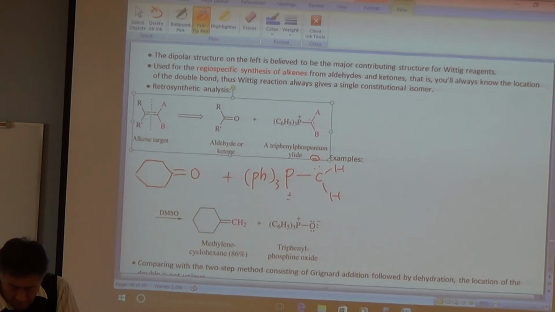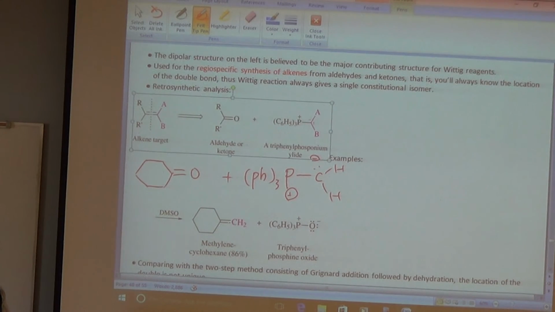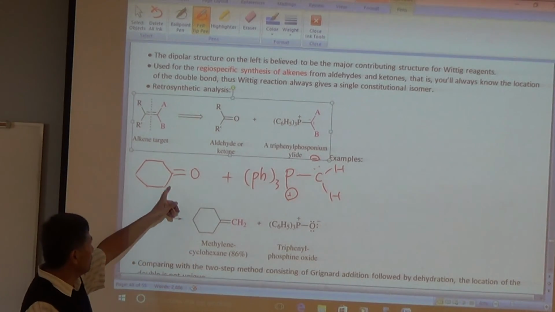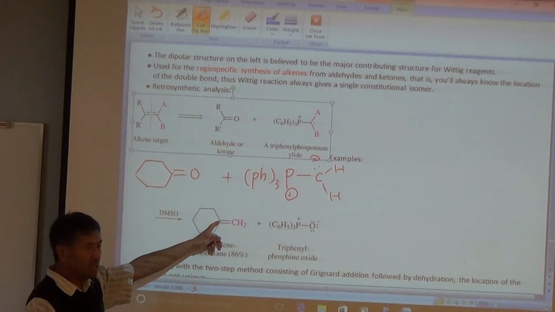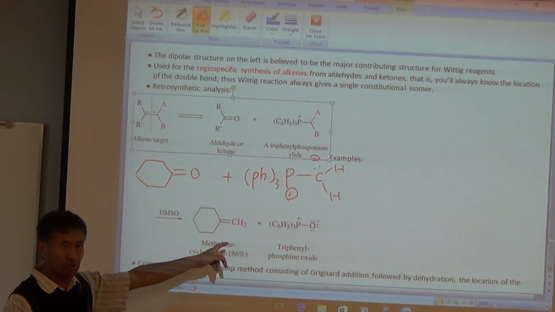Then this has a positive charge. Right? So that will give you specifically your double bond between this ring and this exocyclic group of C2.